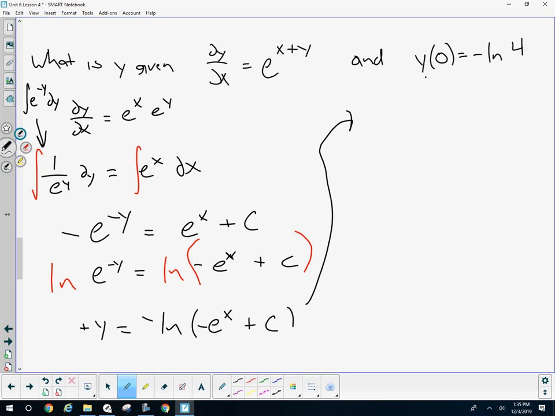We have an initial condition. Negative log 4 equals negative log negative e to the 0 plus c. You can take the opposite of both sides. You can take e to the power of both sides. You can solve for c. So go ahead and do that. Let's find c.